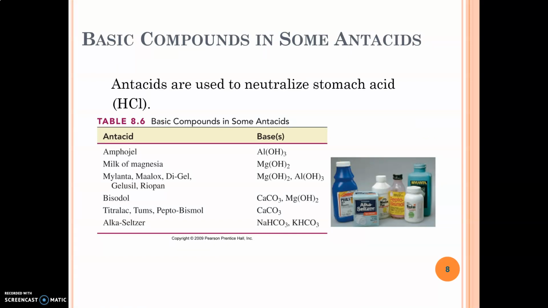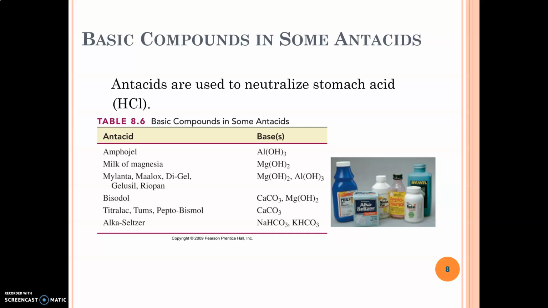Okay, basic compounds in some antacids. What are antacids? Let me give you a simple example. Sometimes when you're eating spicy food, you can feel some burning sensation in your chest. This is called heartburn.